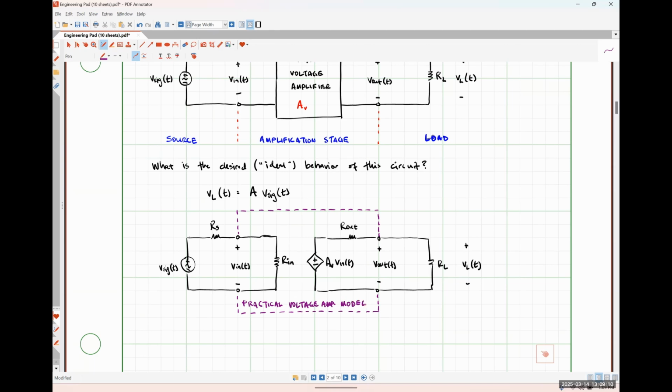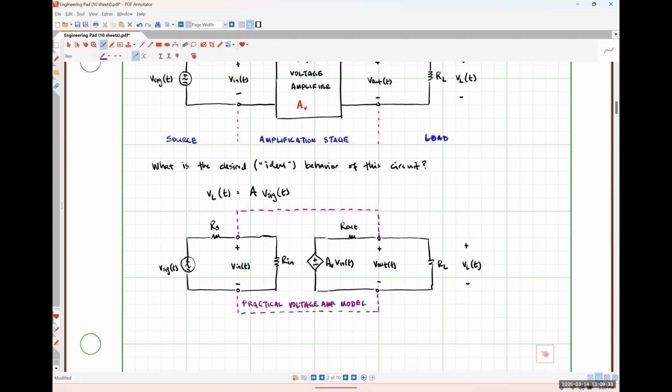model. Okay. Generally speaking, the input resistance R in, the output resistance R out, and the voltage gain of our amplifier would all be information that's included in the data sheet for whatever amplifier that we happen to purchase to use in our system.